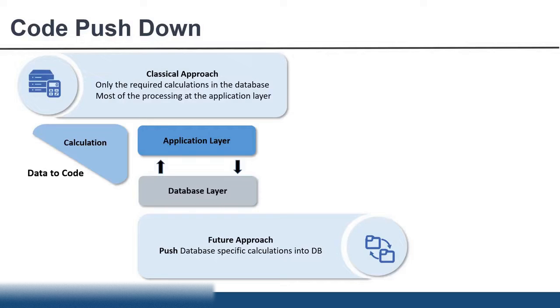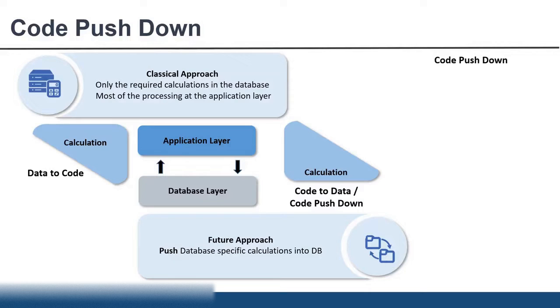That means if you are writing a report, and in that report if you are supposed to do some calculations or aggregations, with a new approach on top of HANA, you will be pushing those calculations and aggregations in underlying database itself, and you will be displaying only the output on the screen. So that means you will be pushing all database specific calculations and aggregations into the database. This concept is called as code push down or code to data.